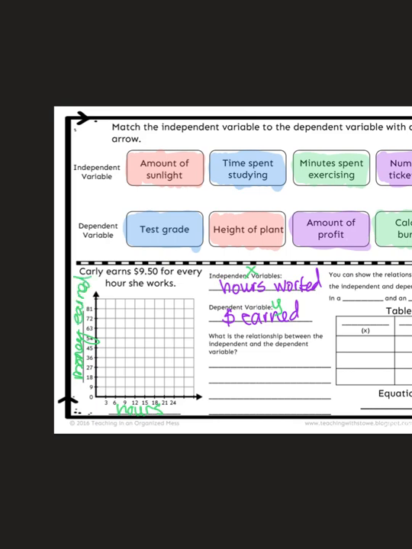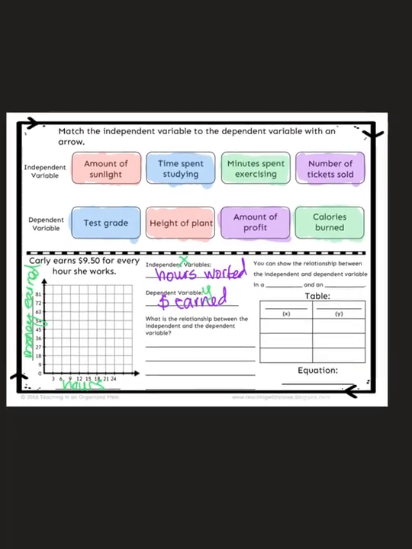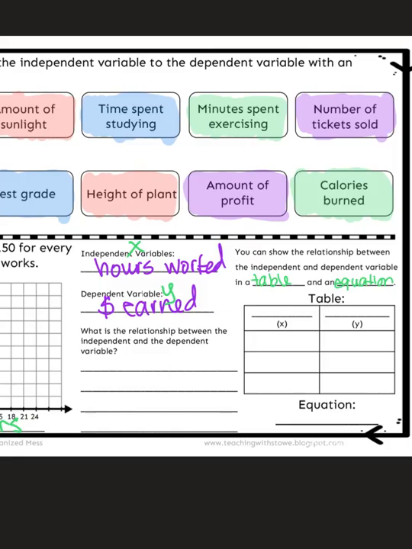Now we are going to graph this, but we're going to make a table to help us graph this. Okay, so I can show the relationship between the independent and dependent variable in a table and an equation. So my x is going to be my hours worked, and my y is going to be the money earned.